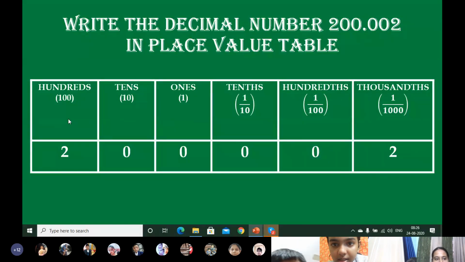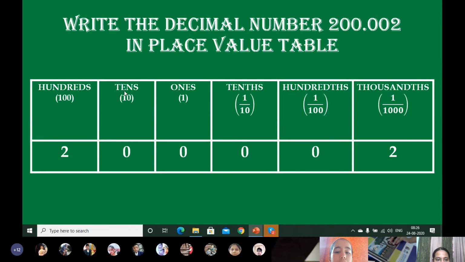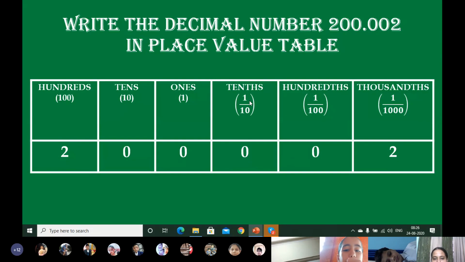We will make a table and divide it: ones, tens, hundreds, thousands, and just place the values under those. We are just substituting the values below.